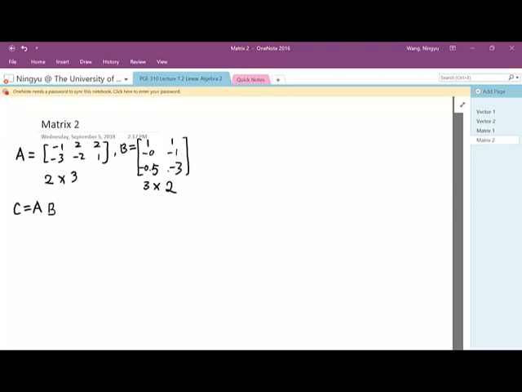So let's perform what we mentioned on the last page. So C11 equals what?